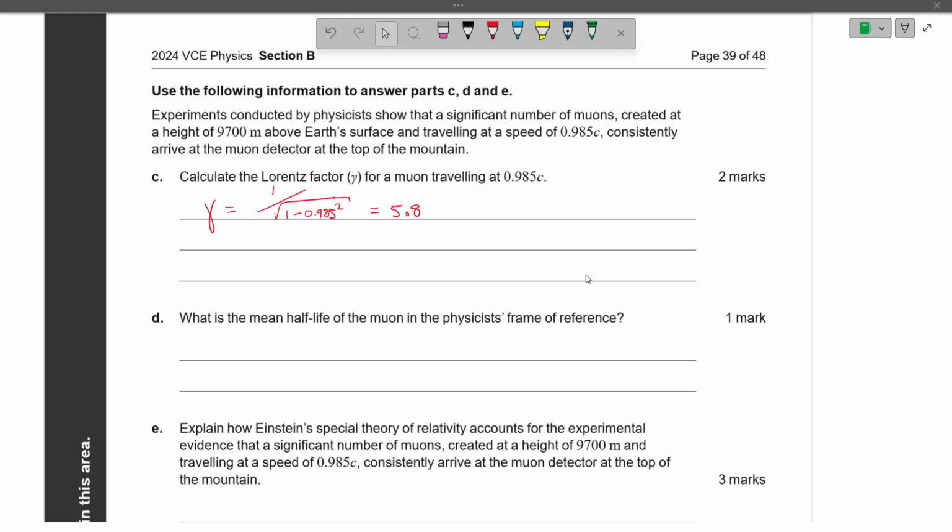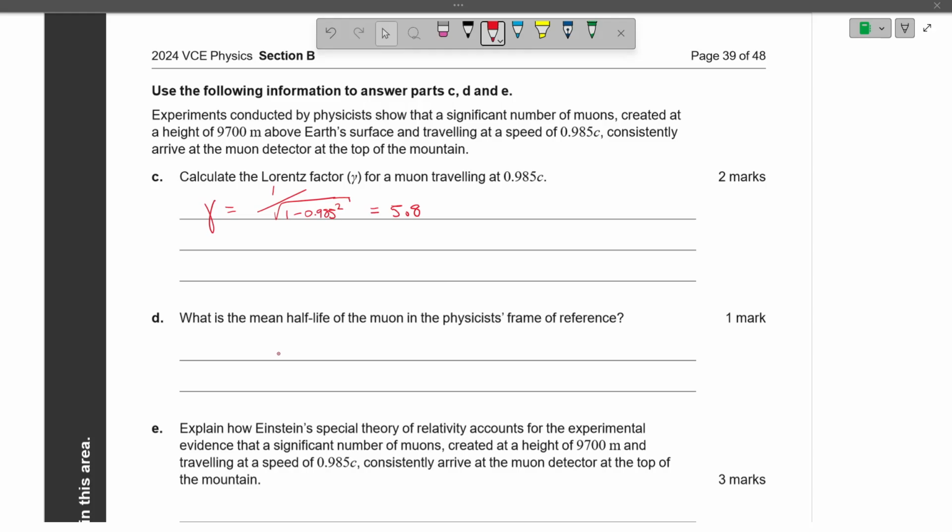So you've worked out a Lorentz factor for these muons. So the dilated half-life: imagine the muons were wearing these little watches. They would decay within 2.2 microseconds on their own watch, but according to the physicist's watch, how long will it take for the muon's watch to read 2.2? That would be the dilated time here.